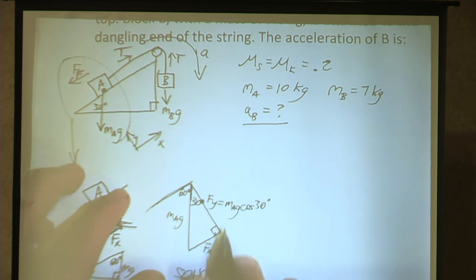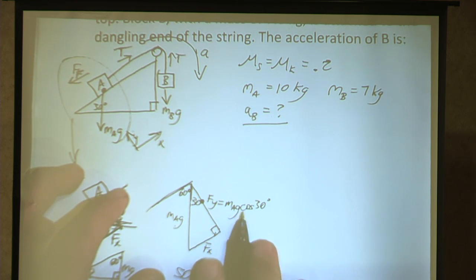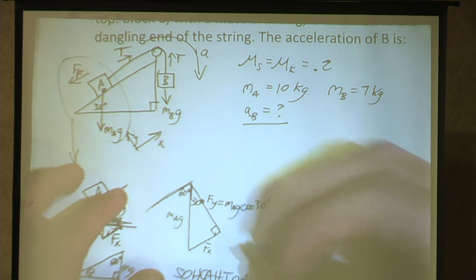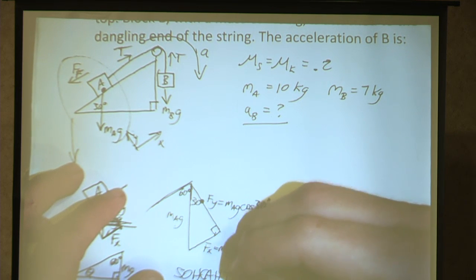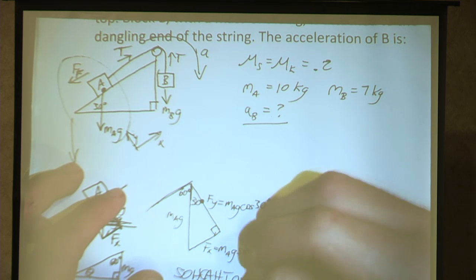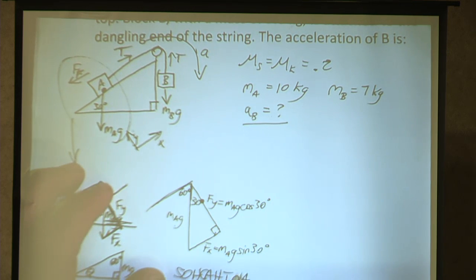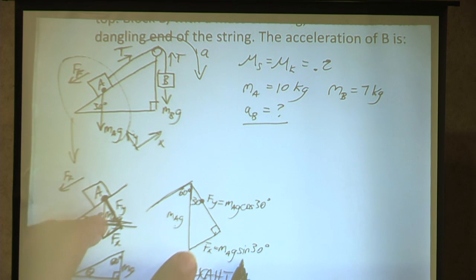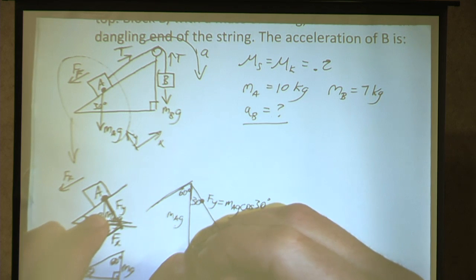So if Fy is MAG cosine of 30 degrees, Fx is going to end up being MAG sine of 30 degrees. So now we have components for our forces, which is nice. That's good. We need forces.